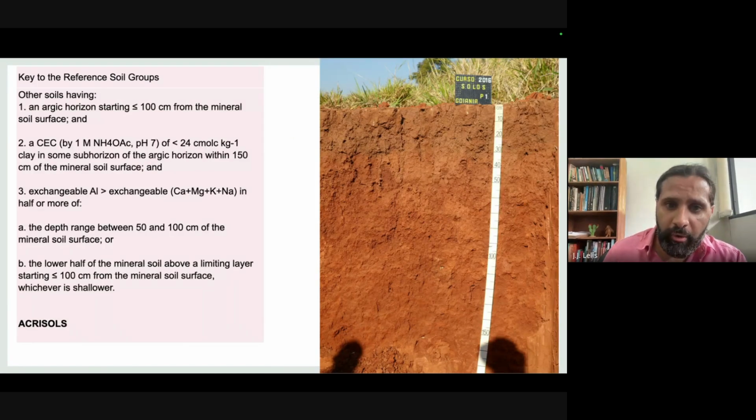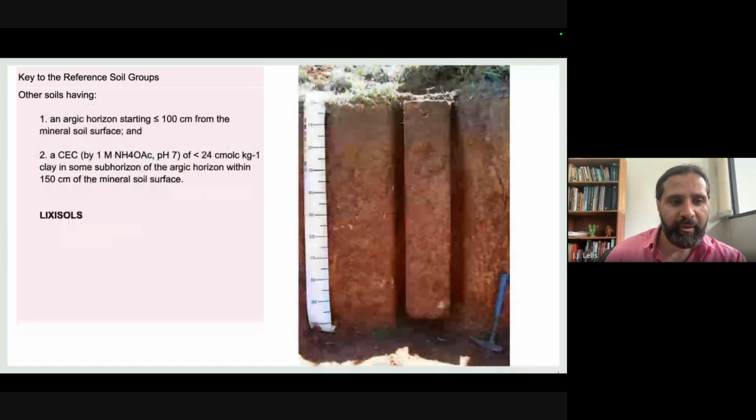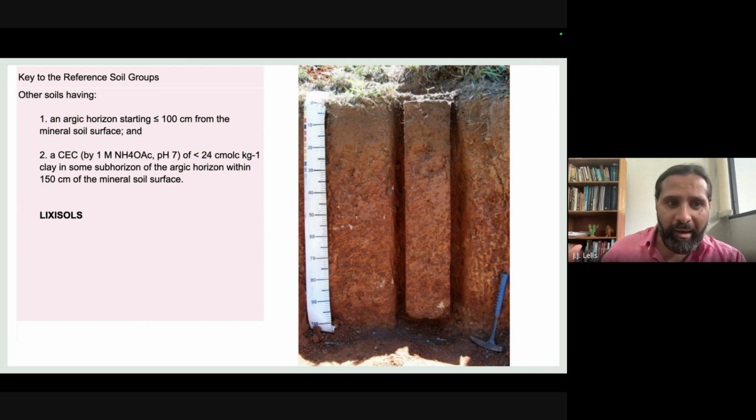Acrisols: argic horizon, low activity clays, and higher content of exchangeable aluminum than exchangeable bases. Lixisols: argic horizons, low activity clays, and higher content of exchangeable bases than exchangeable aluminum.